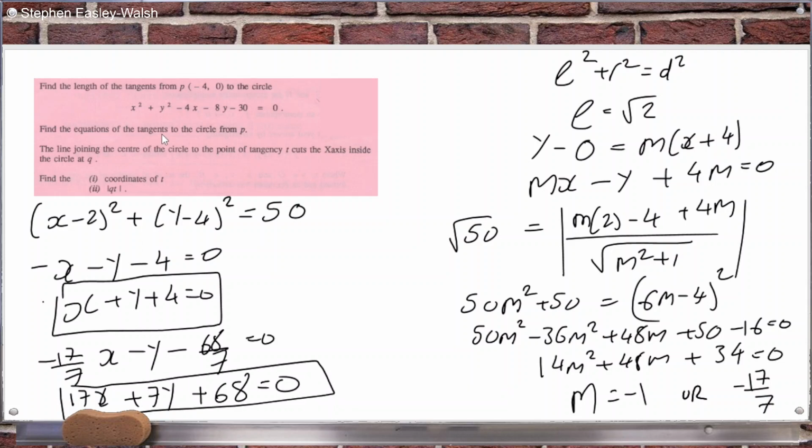Find the equations of the tangents to the circle from P. The line joining the centre of the circle to the point of the tangent T cuts the x-axis inside the circle at Q. Okay, let's see.